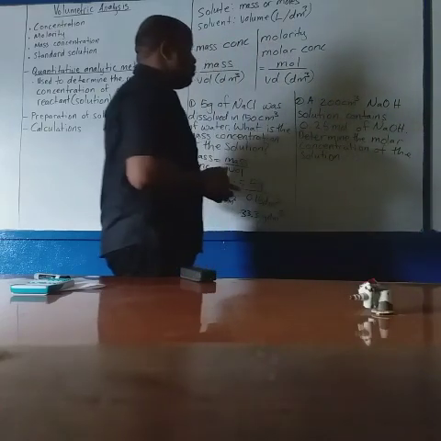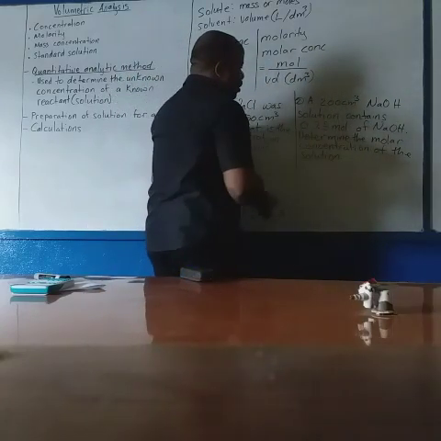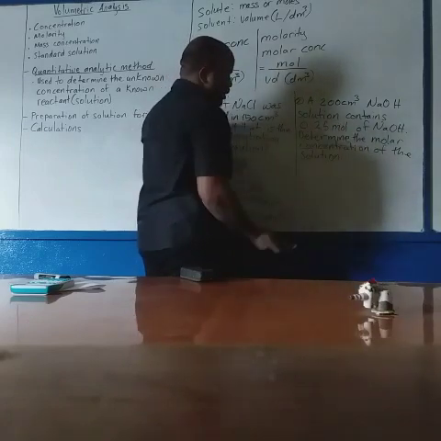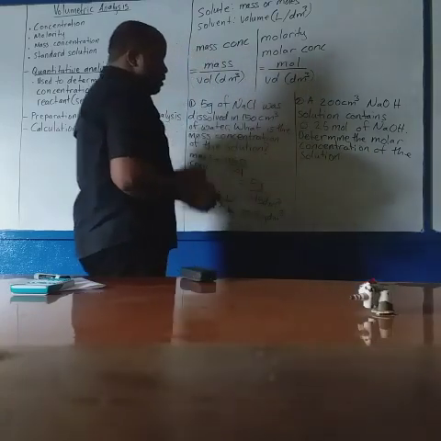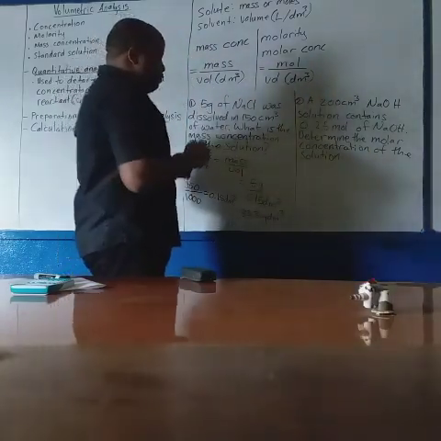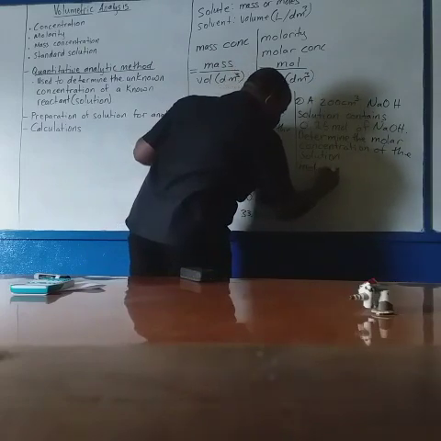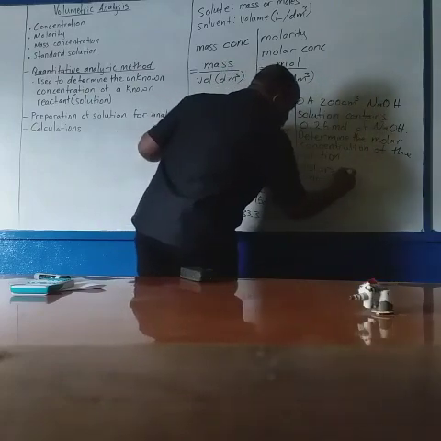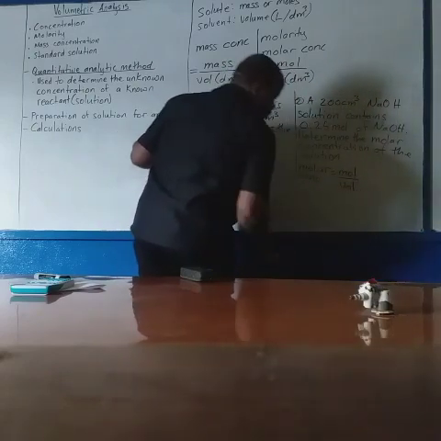So here we go. A 200 cm³ sodium hydroxide solution contains 0.25 moles of sodium hydroxide. Determine the molar concentration of this solution. So we know that molar concentration is equal to mole over volume.